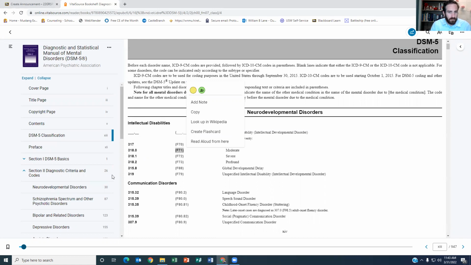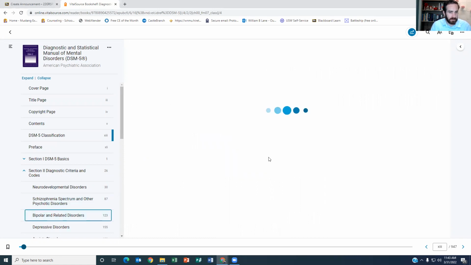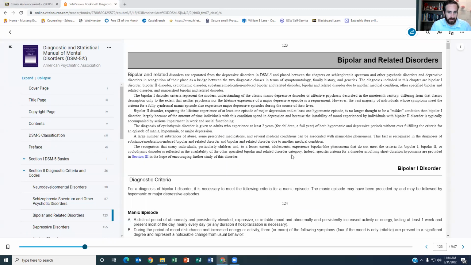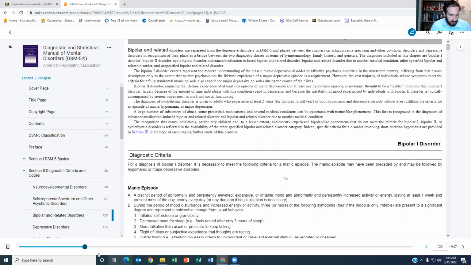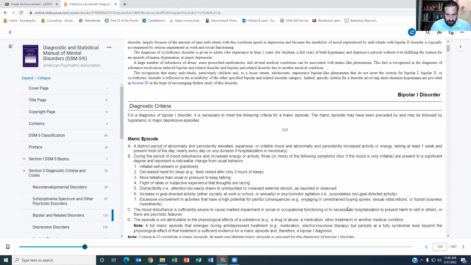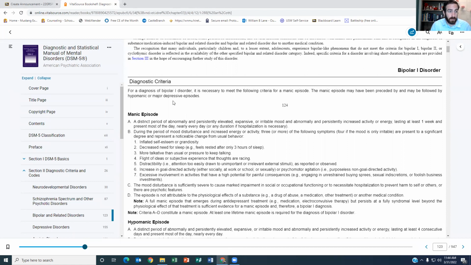So I want to give you an example and go into bipolar and related disorders. So page 123 here. So as you can see here on this page, we have bipolar 1 disorder. And then it goes through all the criteria of what the client should be experiencing, symptoms that the client should be experiencing in order for you to be able to classify their experience as bipolar 1 disorder.